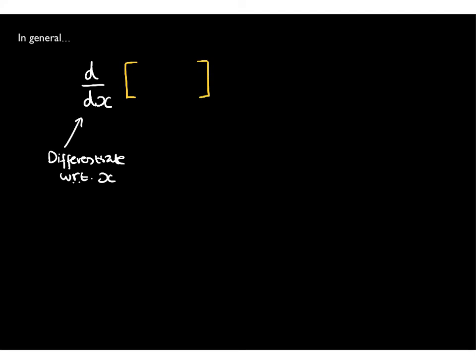Now, we can actually generalize this result in quite a nice way that will help us think about this. Let's suppose we are differentiating with respect to x. So I want to make that clear. And we are differentiating some function which is in terms of y. So another variable. It doesn't have to be x, it doesn't have to be y, but the variables have to be different to each other.